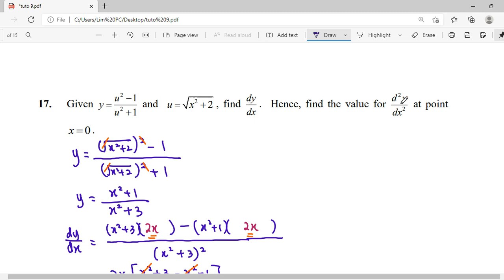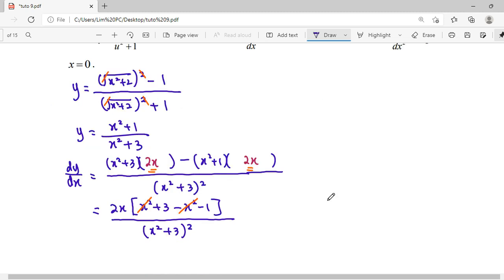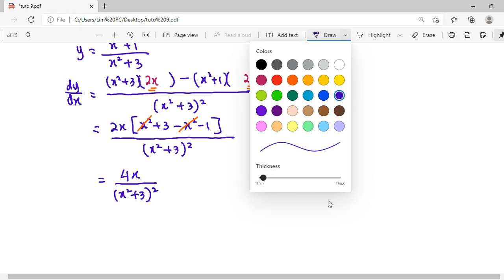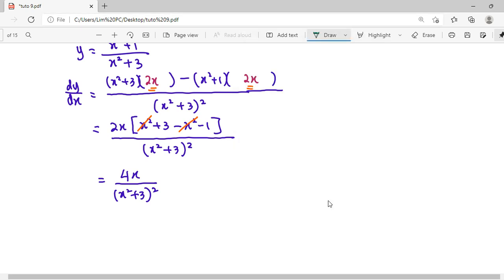After that, we're going to find the second derivative where x equals 0. Based on our result from the first derivative, we look at our variable x here: linear x over quadratic x. So two functions divide, so the quotient rule we're going to apply again for this second derivative.